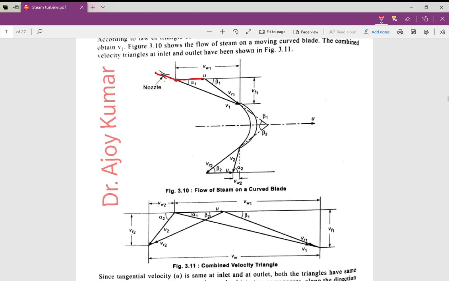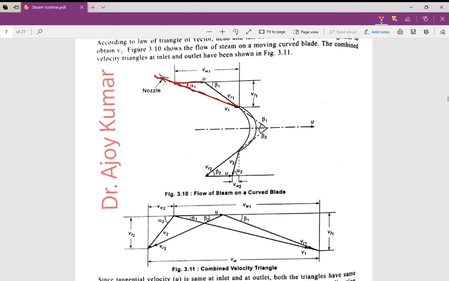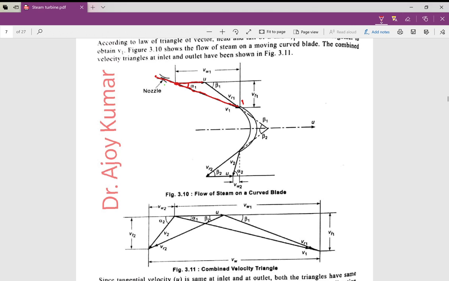The nozzle is inclined with this angle alpha 1. The nozzle issues steam with this absolute velocity V1 at section 1 and section 2.